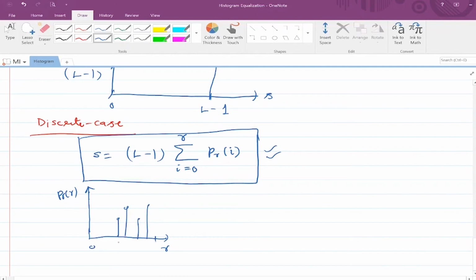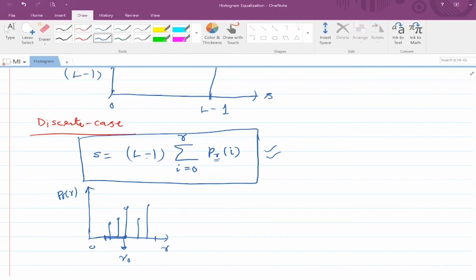So if you want to compute for a given r to which s value it gets mapped, all you need to do is sum up from 0 to this r naught all these values of the PDFs, then multiply it with L minus 1 and approximate it to the nearest integer. That's all you have to do. The implementation of histogram equalization is very simple.